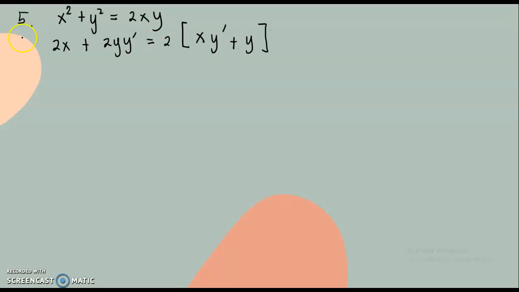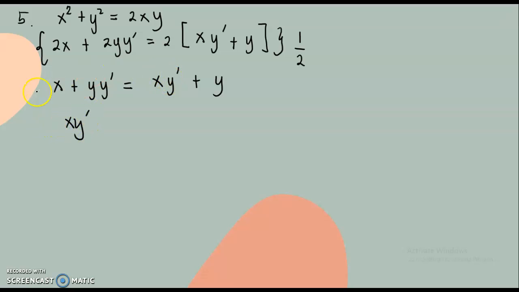Okay. Then, divide both members by 2. We have x plus y y prime equal to x y prime plus y. Then, okay, let us group all the factors with y prime. We have x, y y prime.